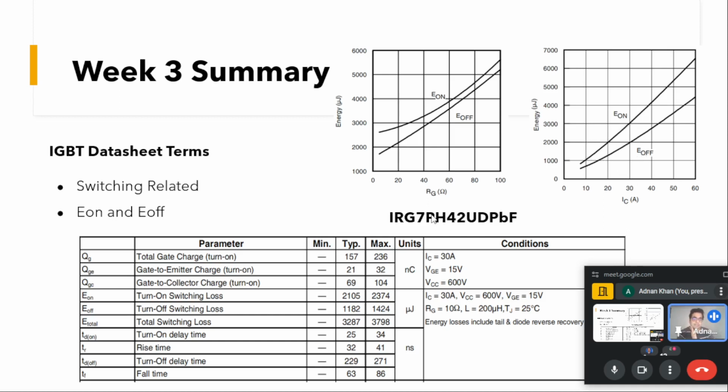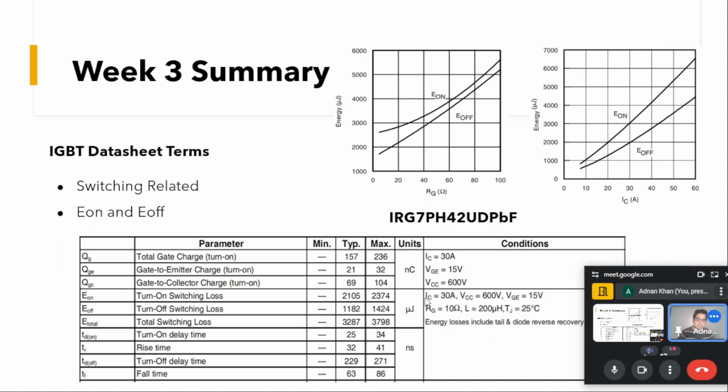The other graph you can see is the turn on and turn off losses variation with respect to RG. Usually, in this data sheet table, these values are given at certain conditions. This device has been tested at a collector current IC of 30 amps at this voltage, VGE of 15 volts, RG of 10 ohms, and L, which is the whole lumped inductance we saw in the double pulse test, at a temperature of 25 degrees.